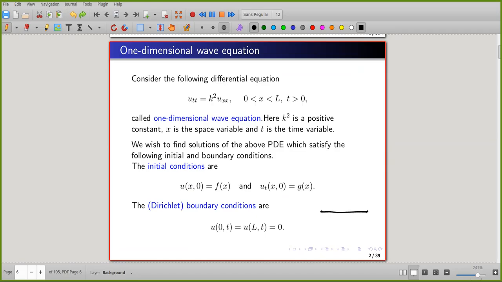So basically we are given the endpoints 0 and L, and we are given our wave. At time 0, this is f(x), and we are also given the velocity of the wave's propagation at time 0.